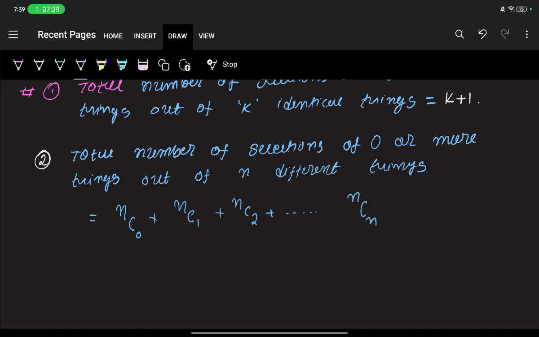Okay, that is equal to 2 raised to n. This is a very important result. Here they are not identical. Here they are different things.